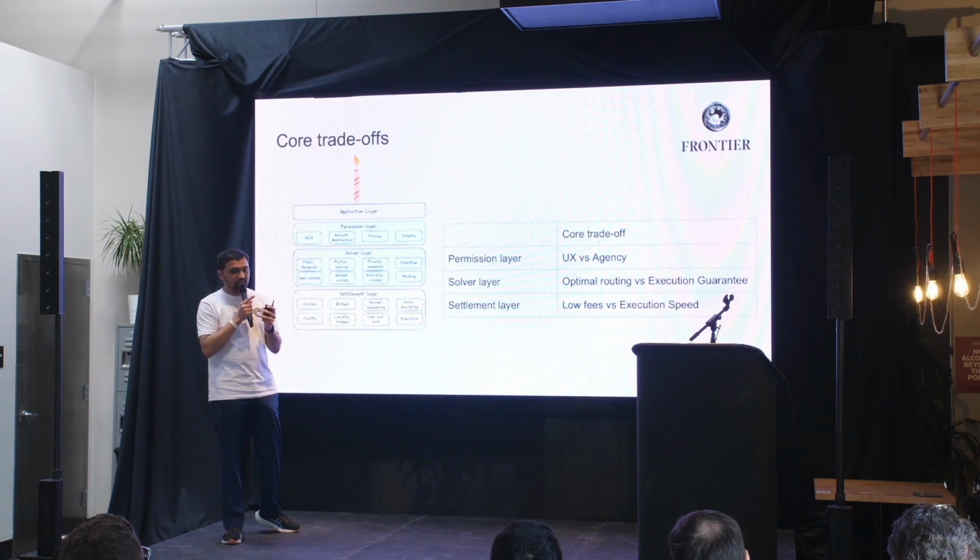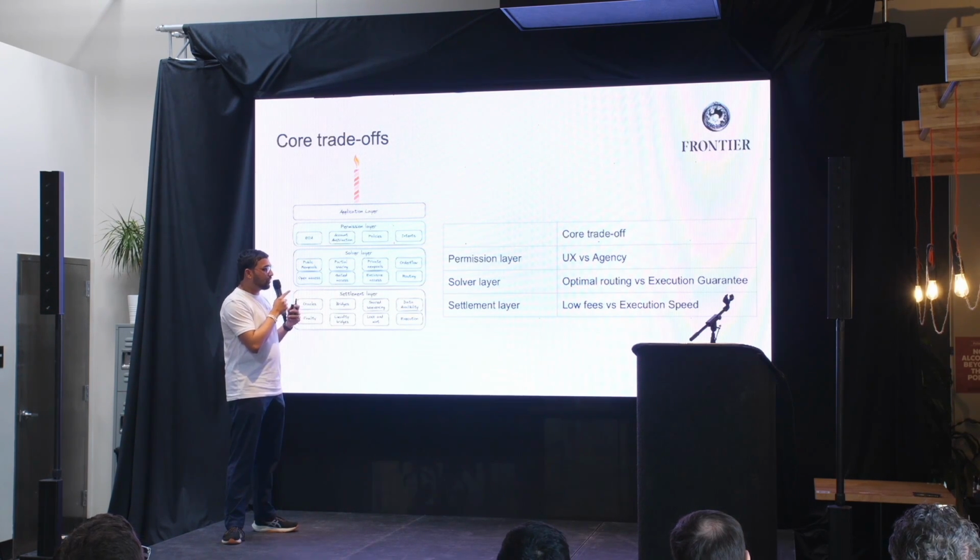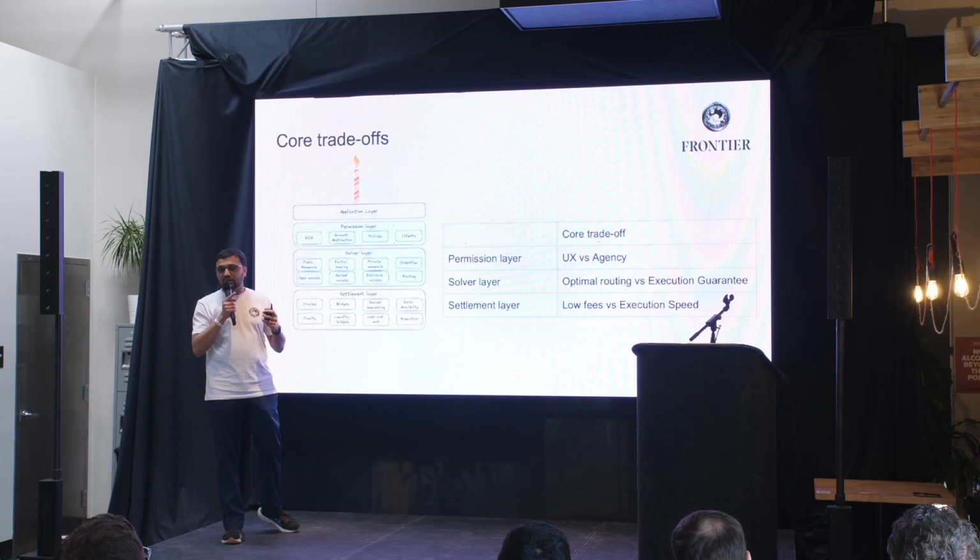If you want low fees, you would use the ecosystem-aligned finality. But if you want better speed, then you can bring in more solvers. The solvers will take on some finality risk and give you what you want at a better speed.